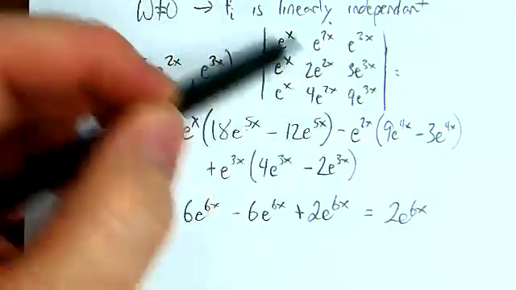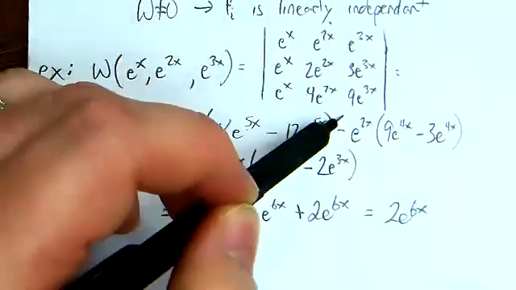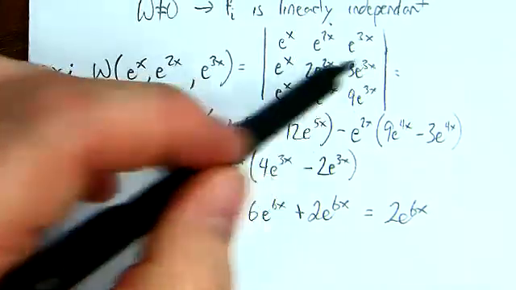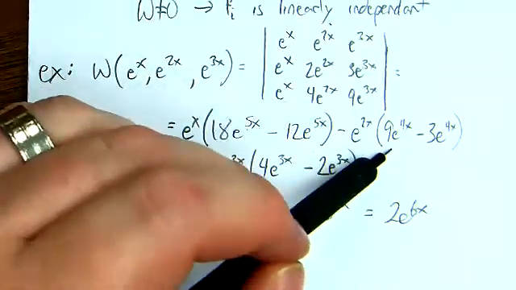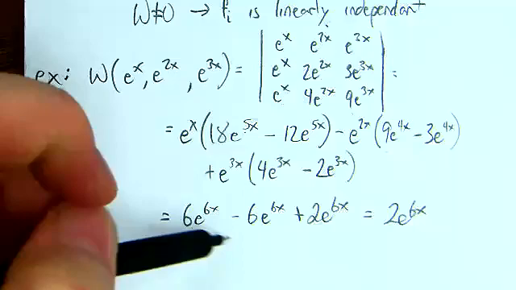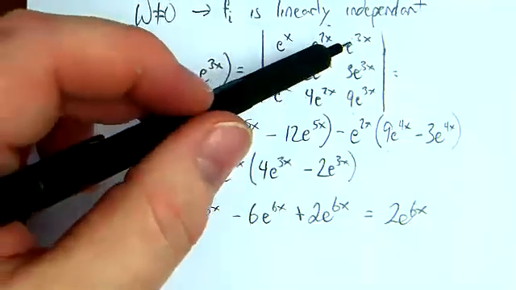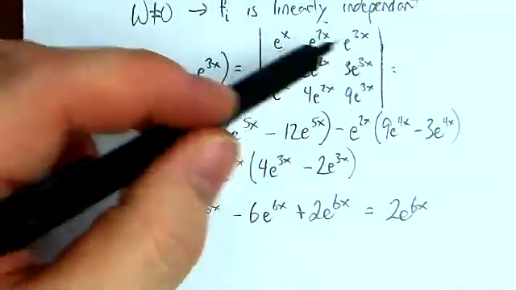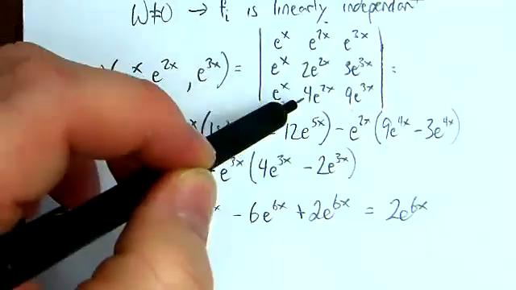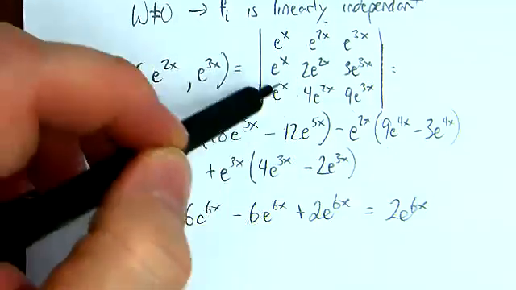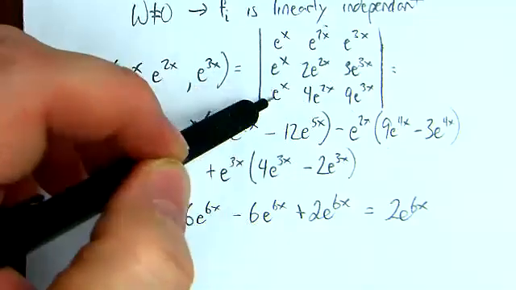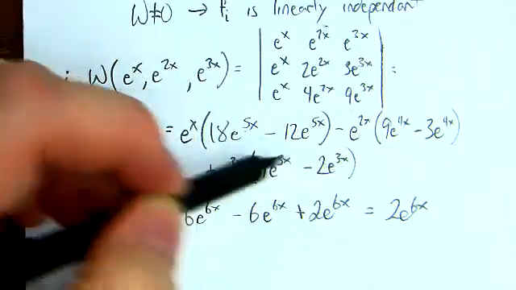Next up, we have e to the 2x. 9e to the 4x minus 3e to the 4x is 6e to the 6x, and then e to the 3x. 4e to the 3x minus 2e to the 3x, 4 minus 2 is 2.